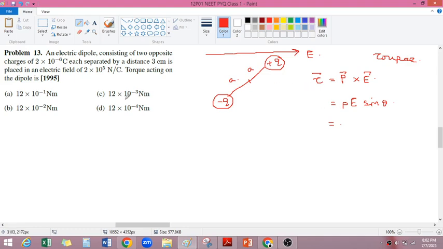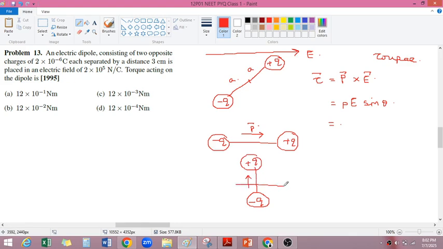Looking at the solutions, 0 is not there. If it was like this, I would have said P is this way, electric field is also this way, so that means sine 0 will become 0, but that option is not there. So I'm going to assume minus q is this way and plus q is this way, which means P is this way, electric field is this way. Okay, so that means it will be 90 degrees.